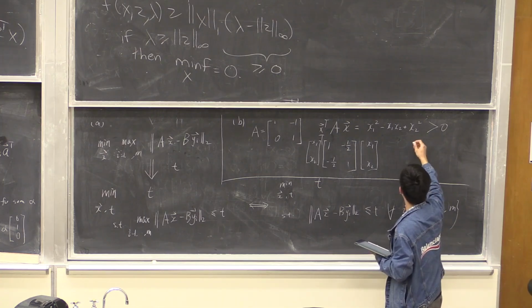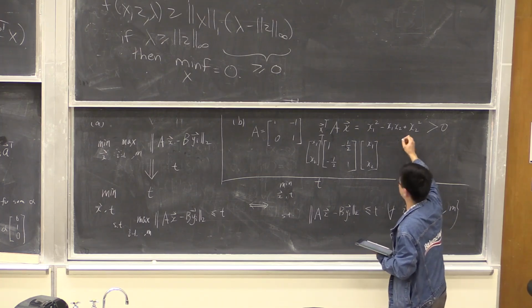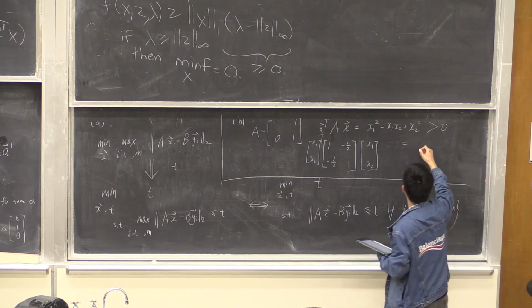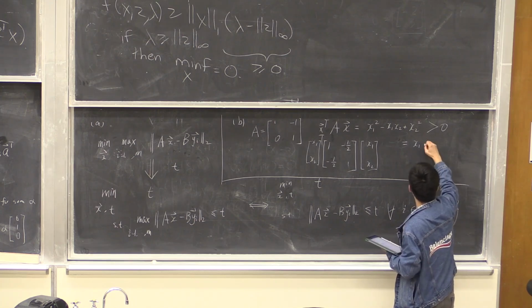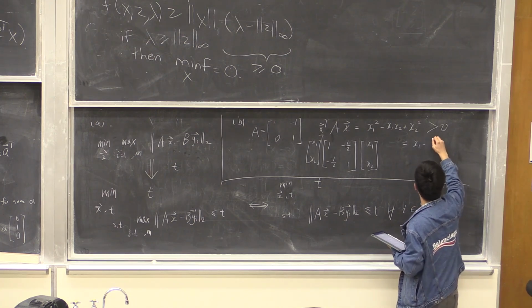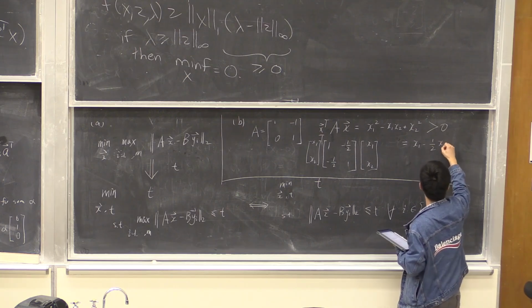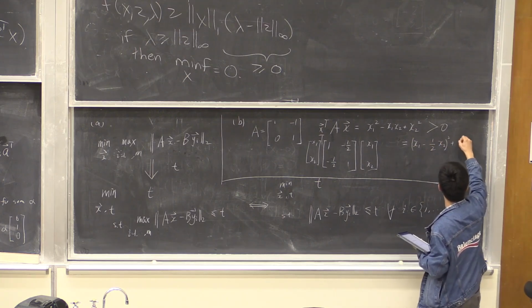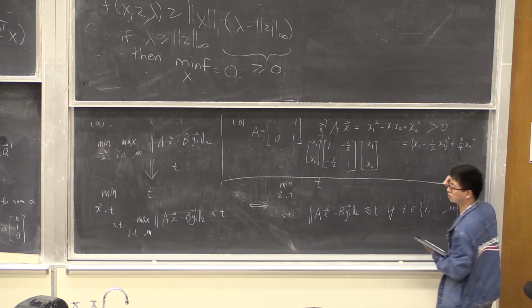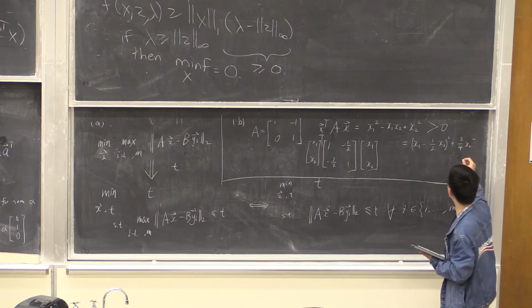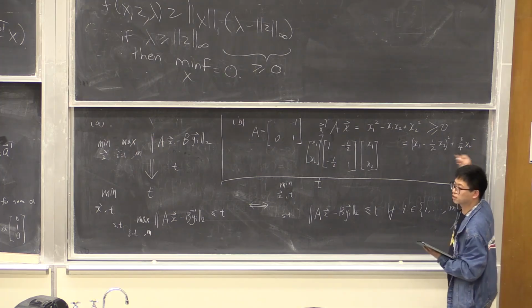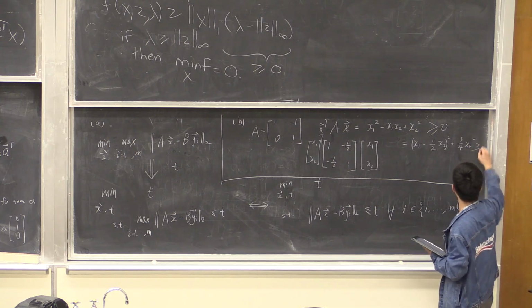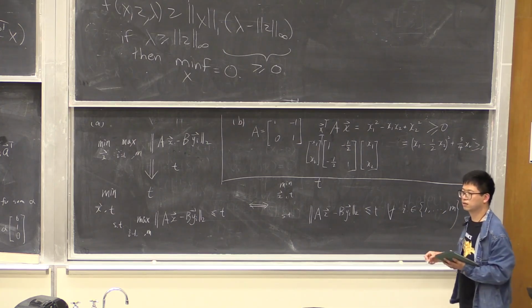So we can write one more step, which is x1 minus a half x2, squared, plus 3 over 4 x2 squared, right? And squared has to be greater than 0, because it's a square. Okay. Yeah. Thank you.